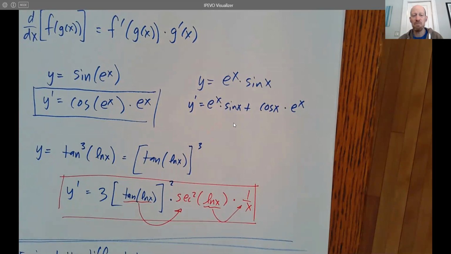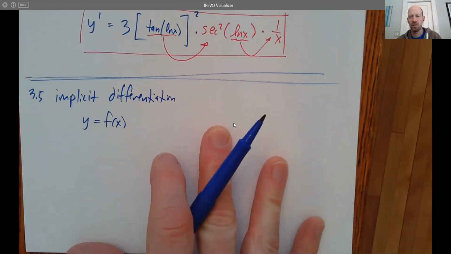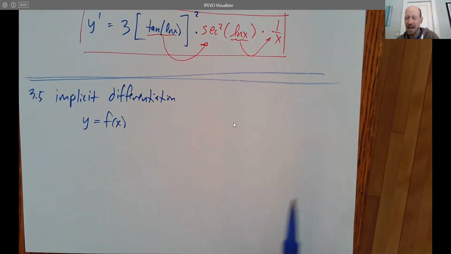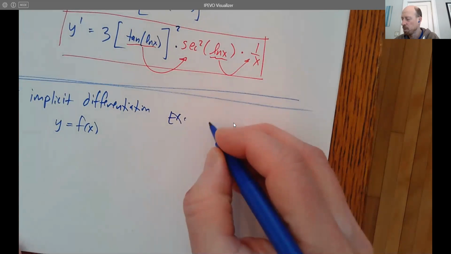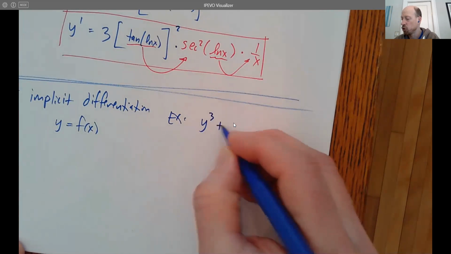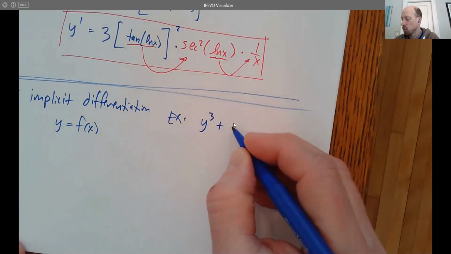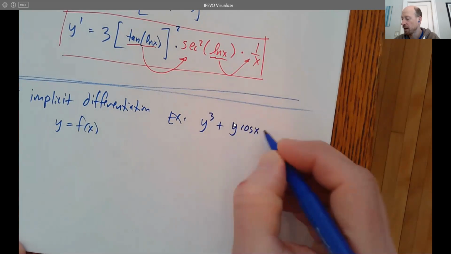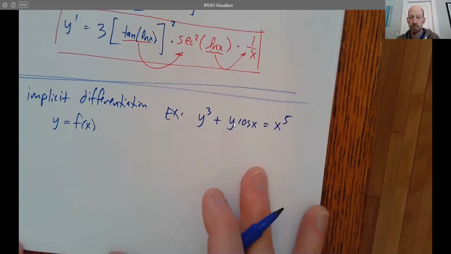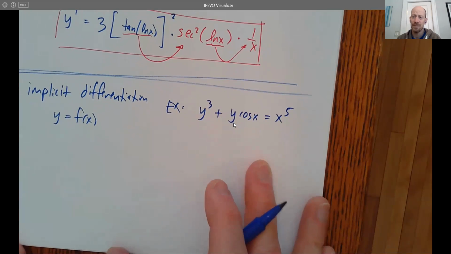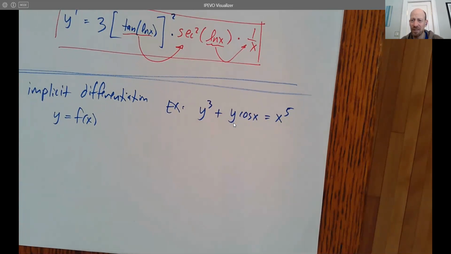But when you have an implicit function, it's not always clear exactly what the y is. So for example, y cubed plus y times the cosine of x equals x to the 5th. Like this one, the y is all mixed up with the x.